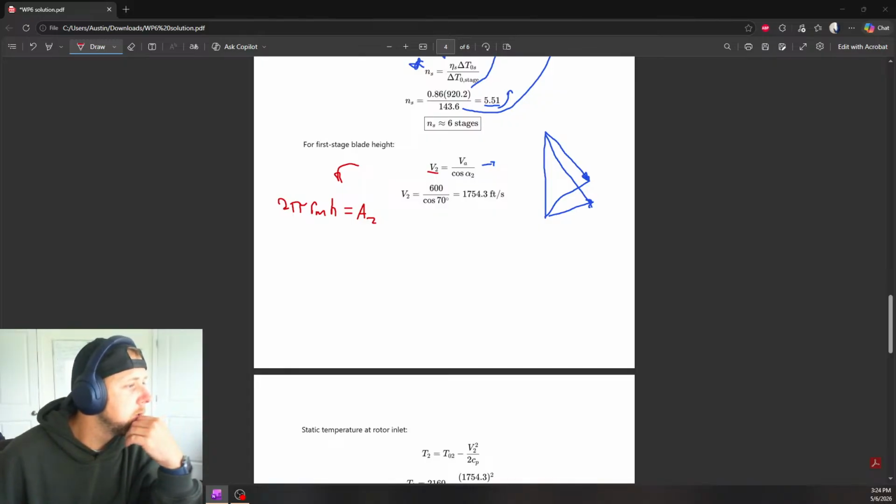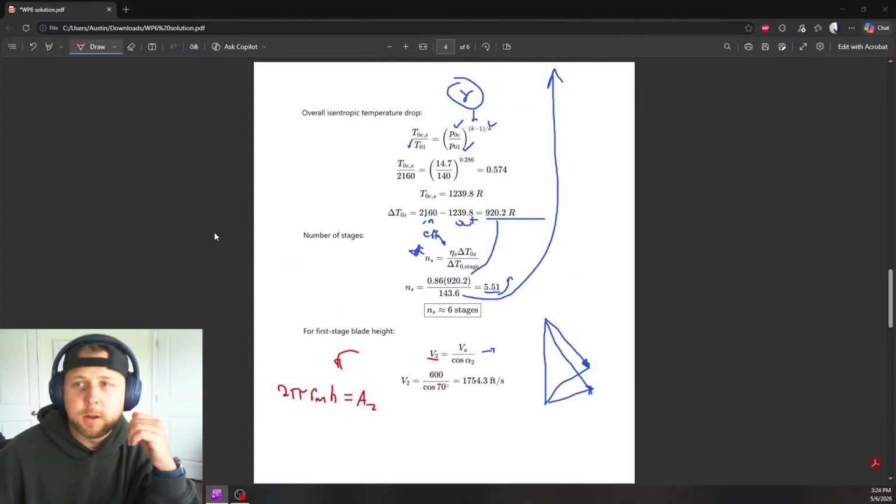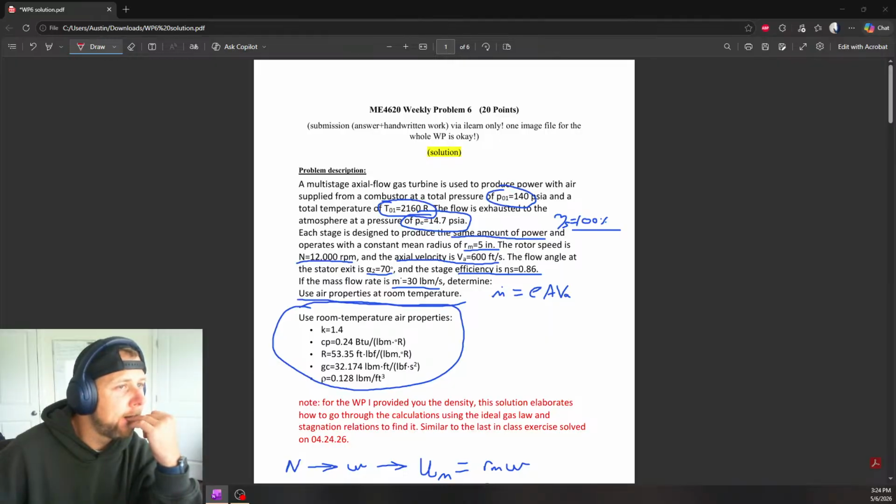Maybe that's chapter 6 and 7. Oh, is it right here? No. This is a multi-stage action flow gas turbine. We don't know if it's an impulse or a reaction.